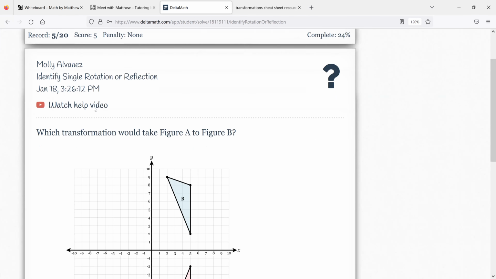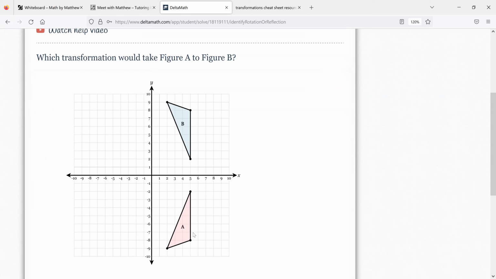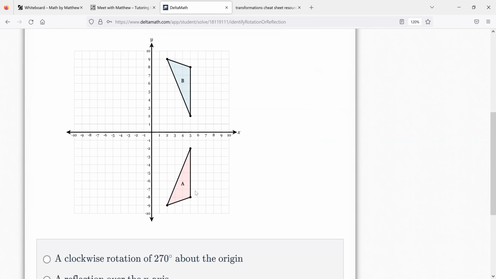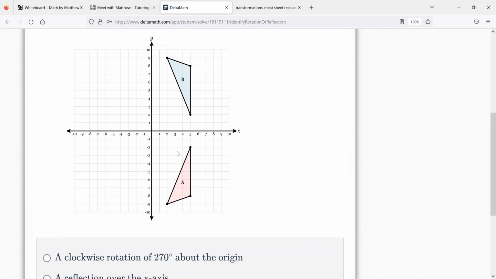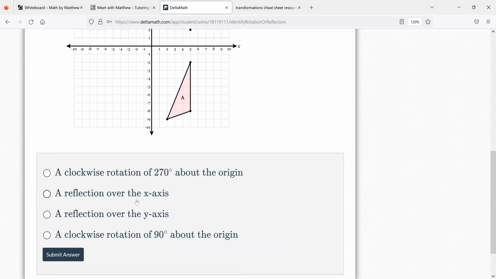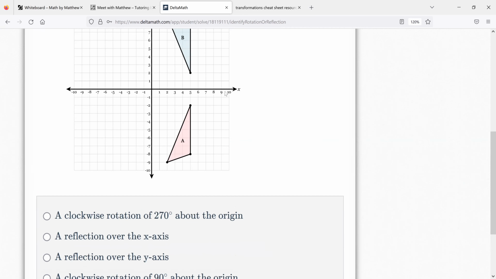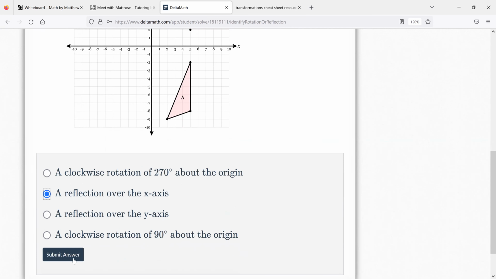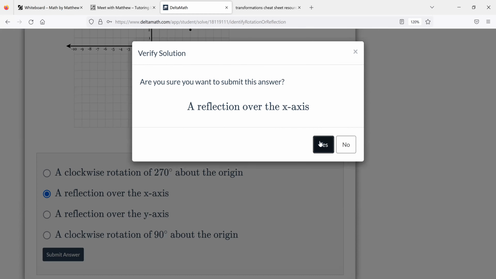Very good. Okay, again, A to B. First start by asking yourself, is this a reflection? Yes, sure looks like it. Which axis, X or Y? X. Yeah, got it. Good.